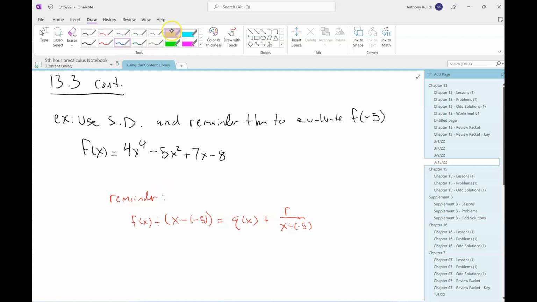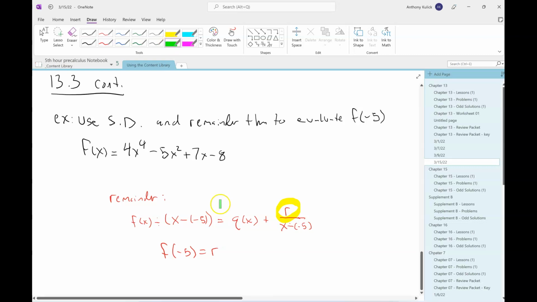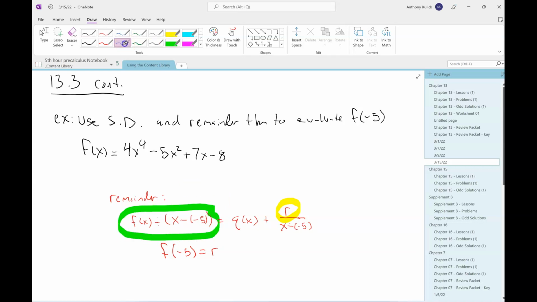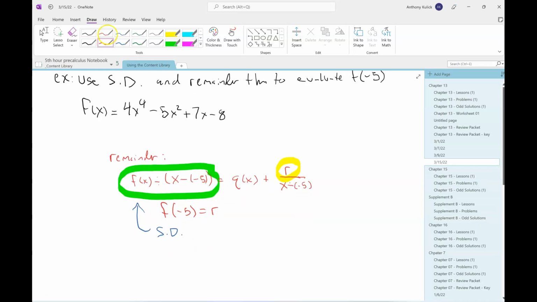What that's saying is that f of -5 is going to be equal to that same r, the remainder we'd get from doing the division. And it's this division that we're going to do the synthetic division on. Is that okay with piecing together what the directions are really asking us to do? They're very specific there, so I wanted to make sure that we're clear.